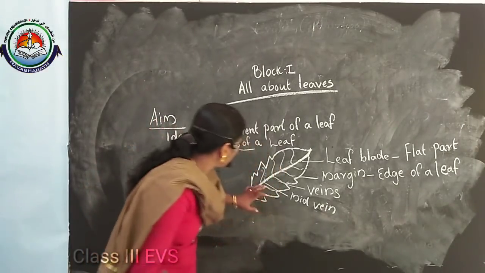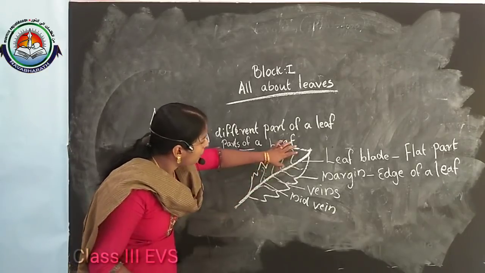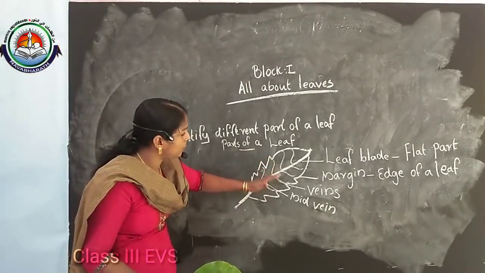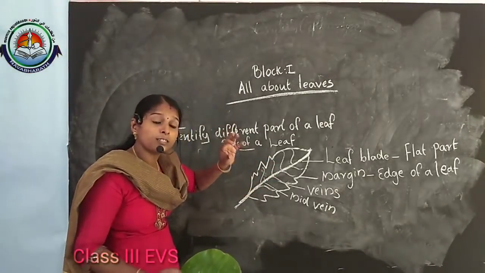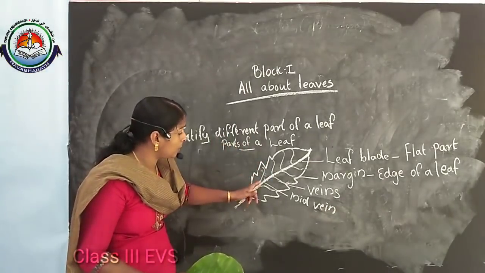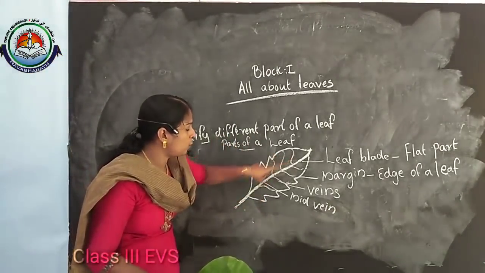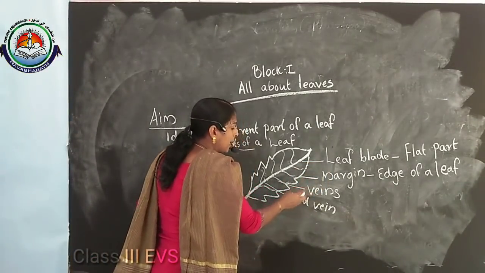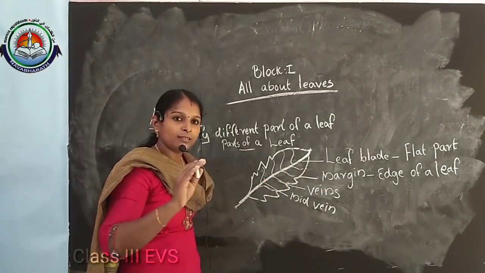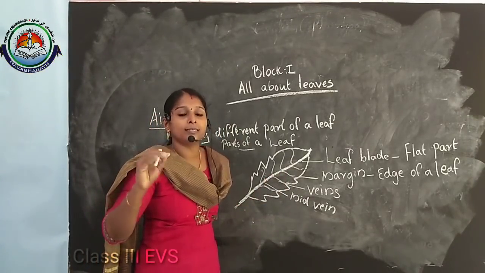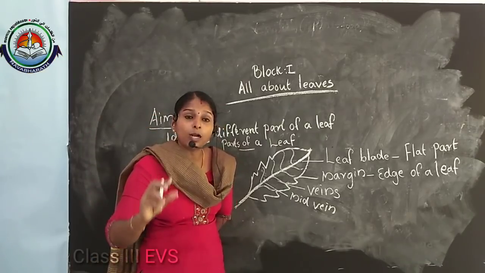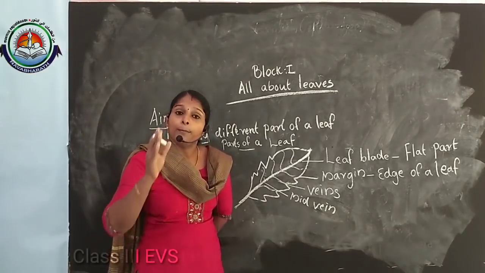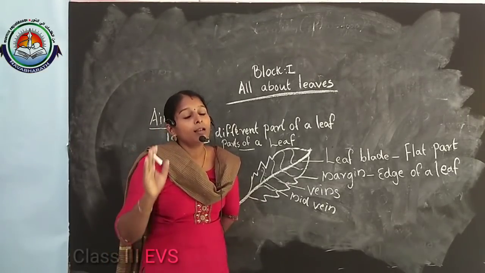The mid vein divides the leaf into two parts, and some small veins start from this mid vein. So we studied leaf blade, margin, veins and mid vein. Veins are the small lines we can see on the leaf blade, and the vein that passes through the middle of a leaf is called the mid vein.